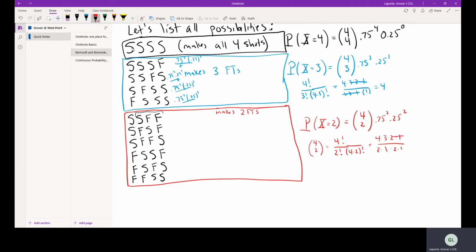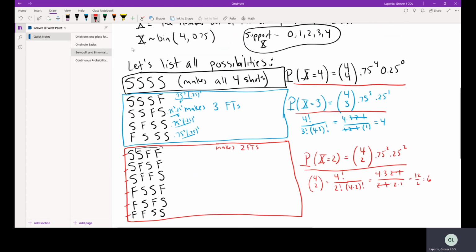So those 2 cancel off, and it just leaves you with 12 over 2, which is 6. And let's make sure we get 1, 2, 3, 4, 5, 6. So that all makes sense. Okay, so this is the probability. This one's the probability. And this one's the probability. So we're getting those mass functions that we want.